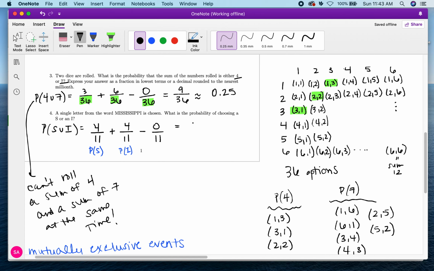But either way, once we add all of this up, we get 8 out of 11. And you can type that in, or find the decimal, which is 0.7272. It keeps repeating, but we want to go 5 decimal places, so we end at the 7.